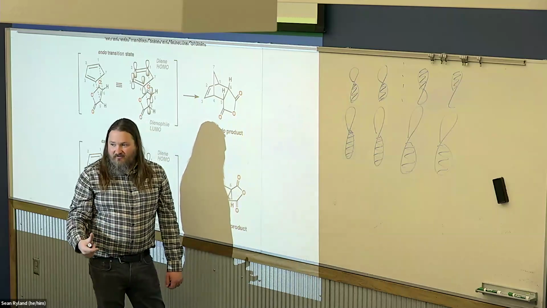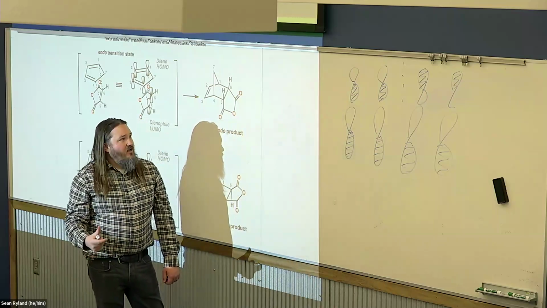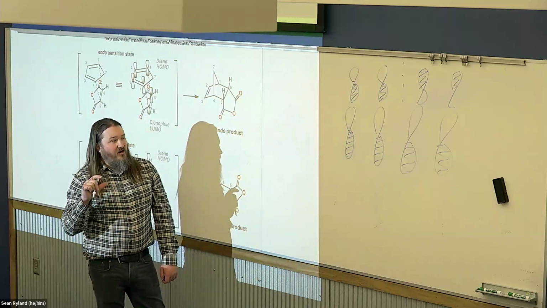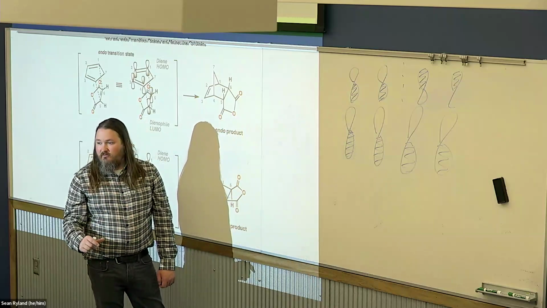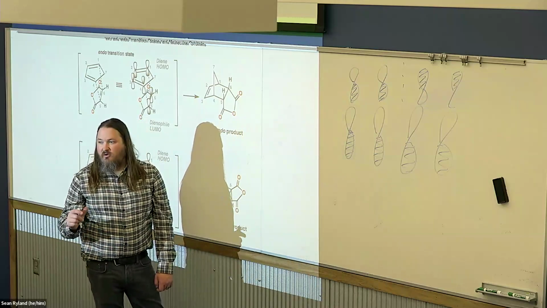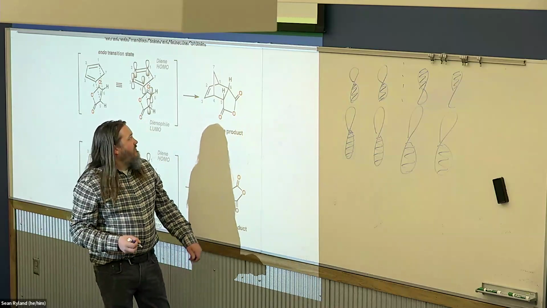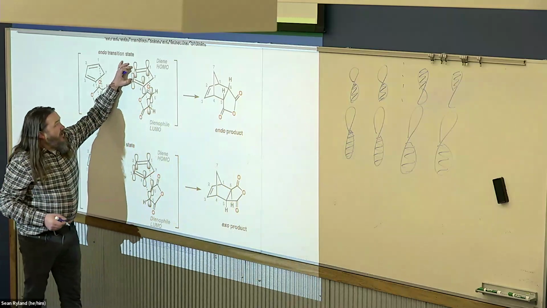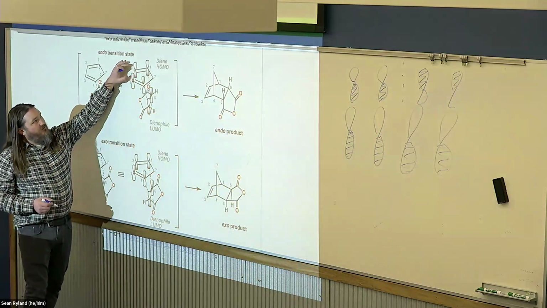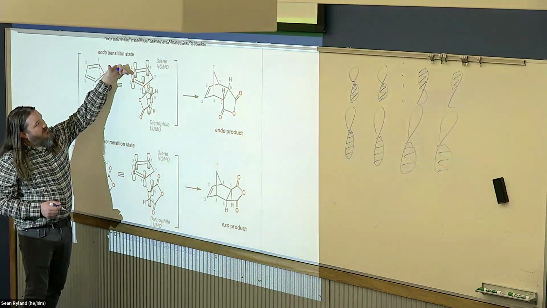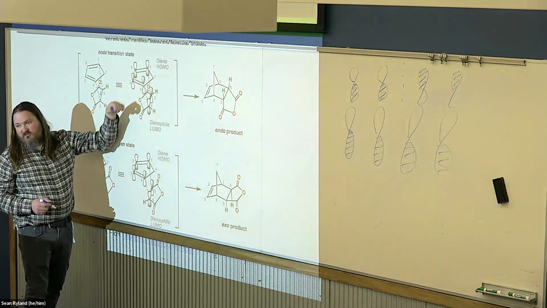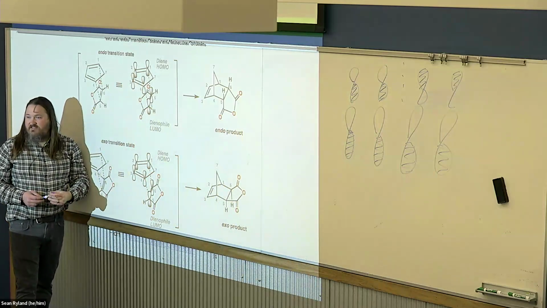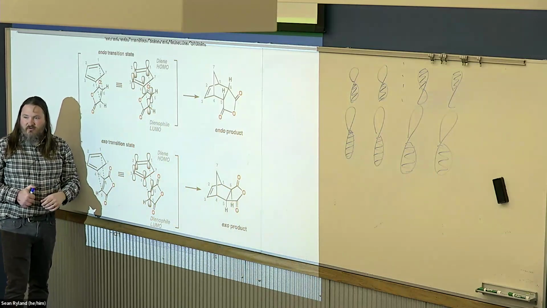We don't have electrons in the diene LUMO, right? That's what makes it the LUMO, lowest unoccupied. So our highest occupied energy level in the diene looks like this. You see there's a node in the middle where the shading switches from top to bottom. They're out of phase. They switch phase in the middle of the molecule.